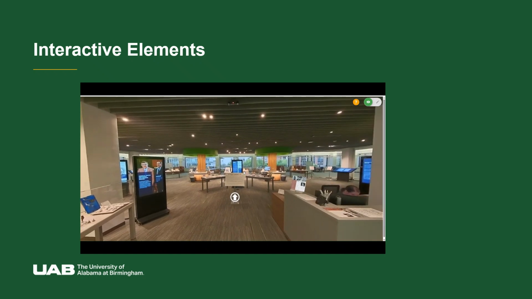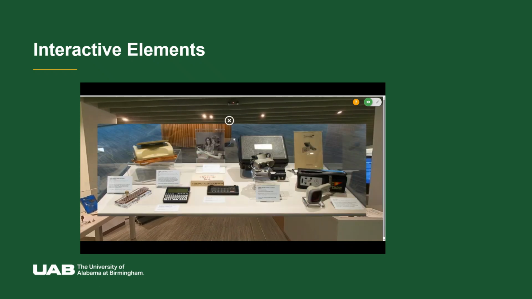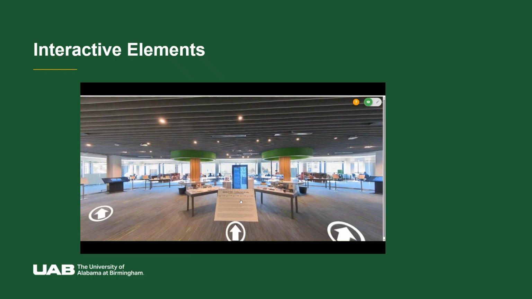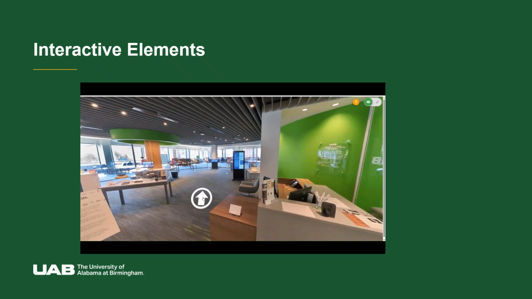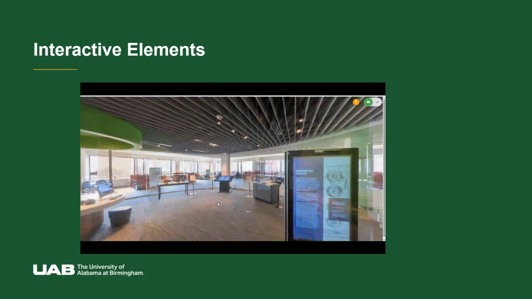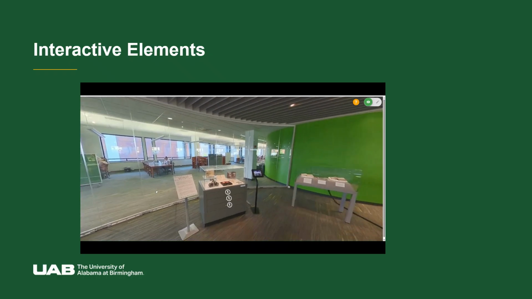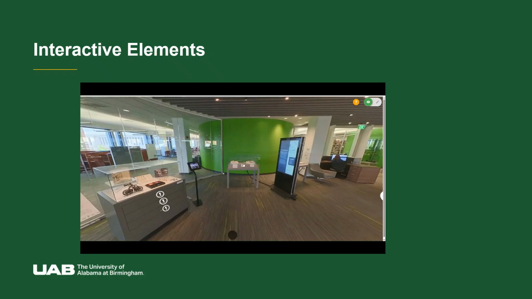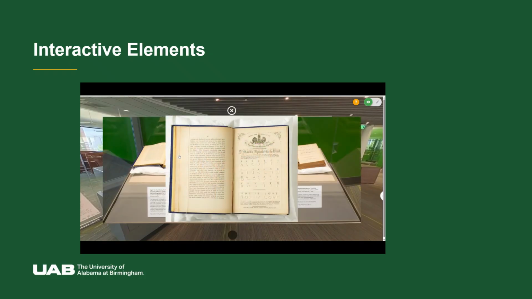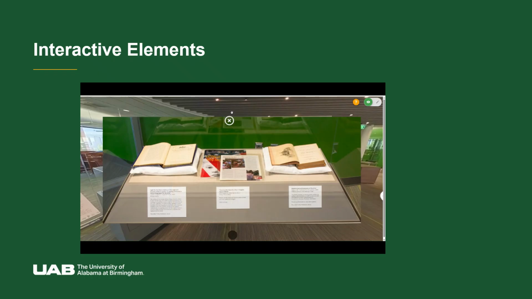All the display cases in the exhibit are interactive. You can click on each one to zoom in and see the contents more clearly. Some cases have layered interactivity, which we'll see in a moment here, allowing visitors to click multiple times for deeper exploration. In many cases, objects within the exhibit are linked to downloadable PDFs, and this is that layered interactivity I mentioned.